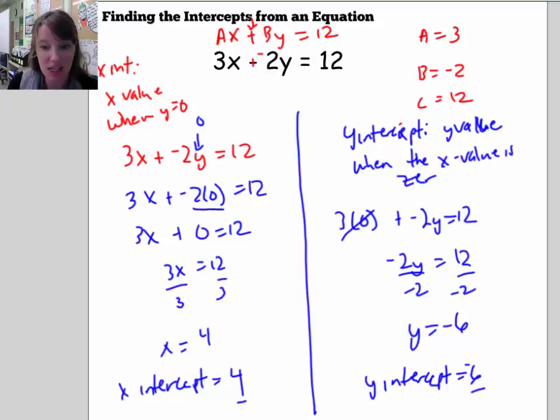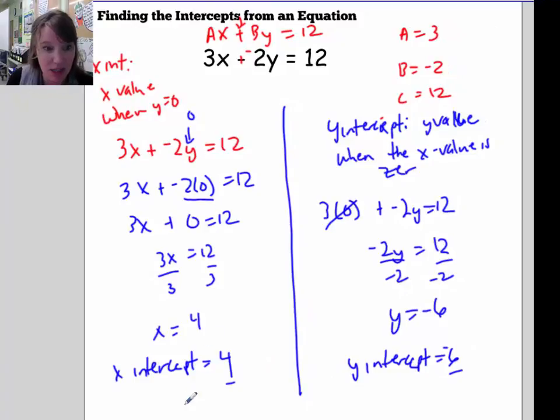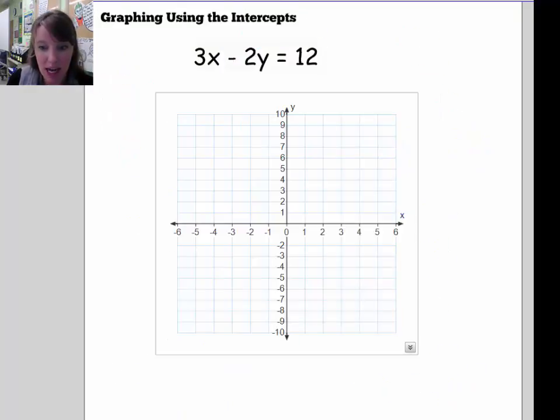It's actually easy to graph with the intercepts, right? Because these indicate 2 points on the line. This is the point 4, 0, and this is the point 0, -6, right? So I can take those points and very easily translate them to a graph to plot the line. It's a little bit easier than graphing with a solution table.